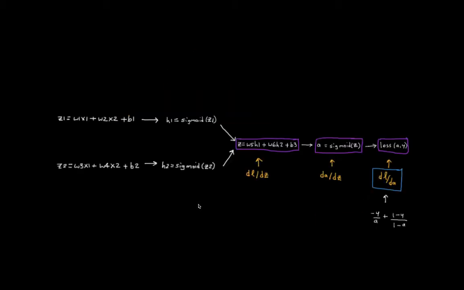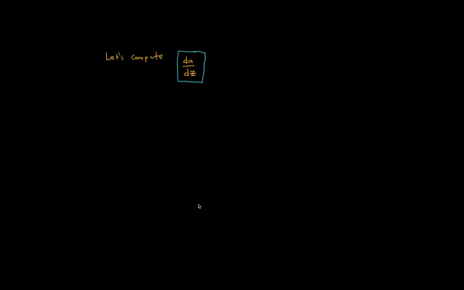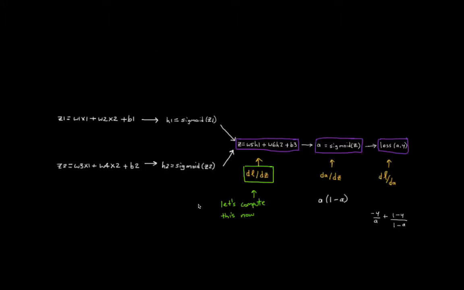So we've computed dL/dA. Let's now compute dA/dz. Here are the steps for computing dA/dz. So the derivative dA/dz is a times 1 minus a. And now let's compute this dL/dz term. We can use the chain rule you learn about in calculus to compute dL/dz. Turns out that dL/dz, when you work it out, equals a minus y.